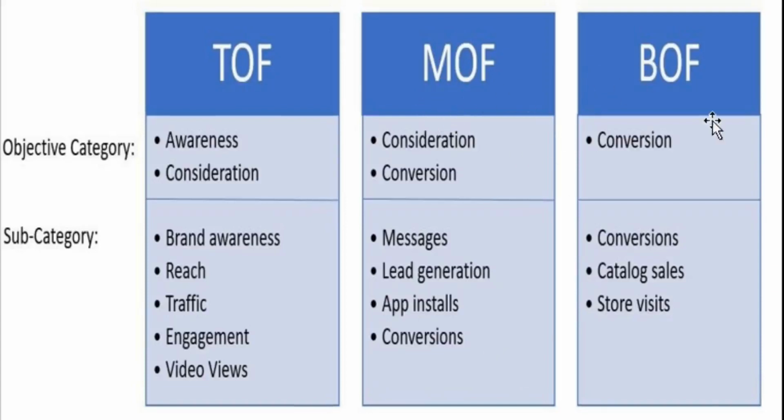Now we have the bottom of the funnel. This is the conversion stage, and you can use the conversion objective or catalog sales. Catalog sales allows you to set up your products in a well-defined way.